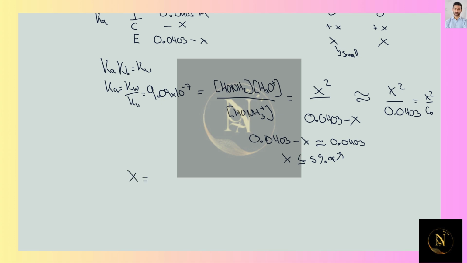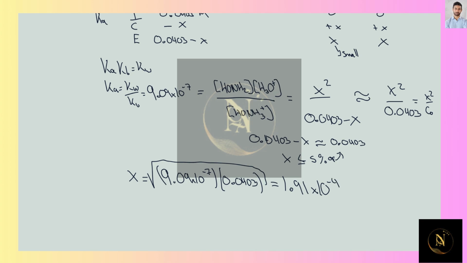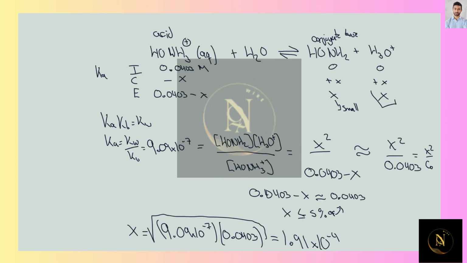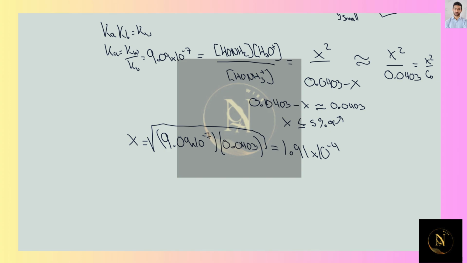x is going to be equal to my Ka, which is 9.09 times 10 to the minus 7, multiplied by my initial concentration, 0.0403, and I'm going to take the square root of all of this. This is going to give us 1.91 times 10 to the minus 4. And guess what? That x is the same as the concentration of H3O plus that we have in our solution.